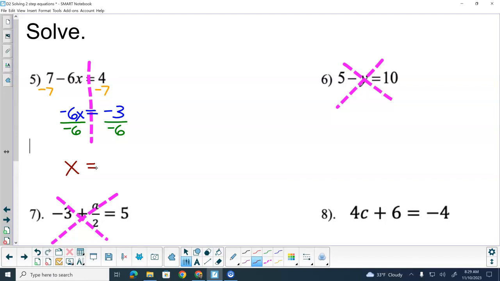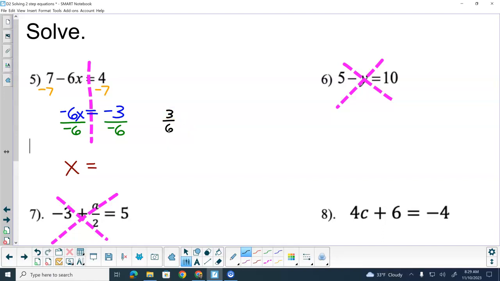Okay. On the right side, what is negative 3 divided by negative 6? First off, negative divided by a negative, that'd be a positive. Okay? So that's a positive. We like that. Okay? 3 over 6. Can my fraction 3 over 6 be reduced?